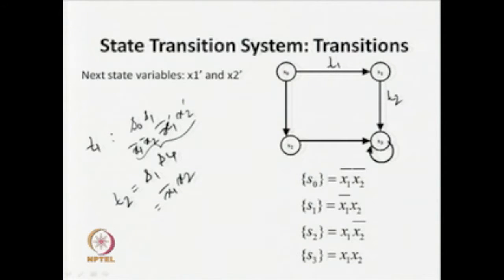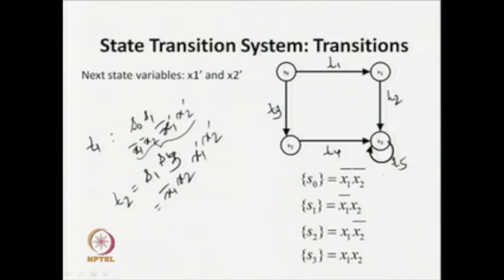S3 is represented by x1 and x2. That means the next state will be represented by the prime versions, x1 prime and x2 prime. So, like that I can have transitions like T3, T4 and T5.